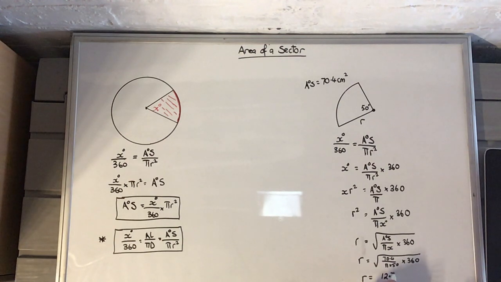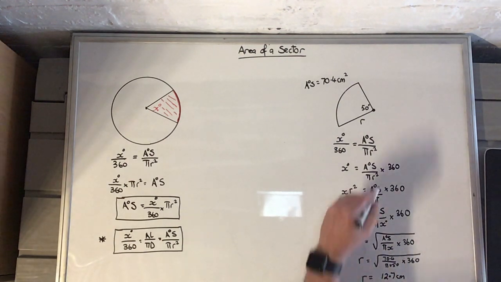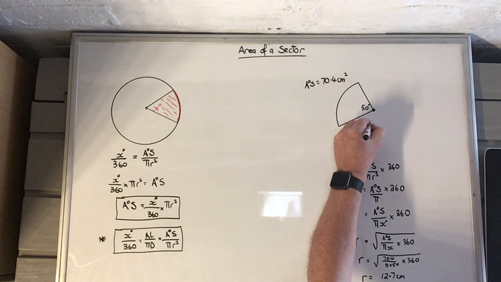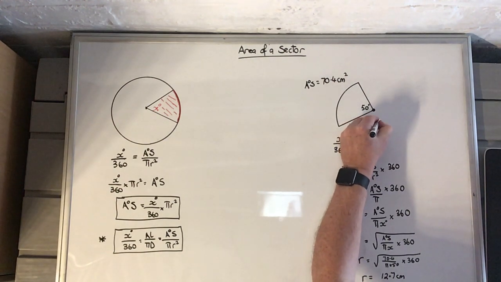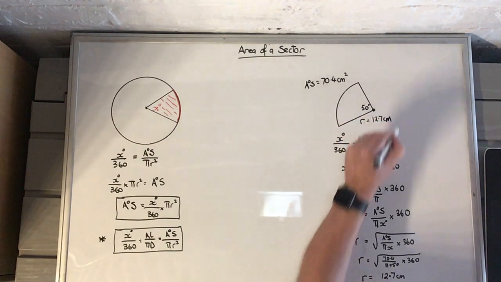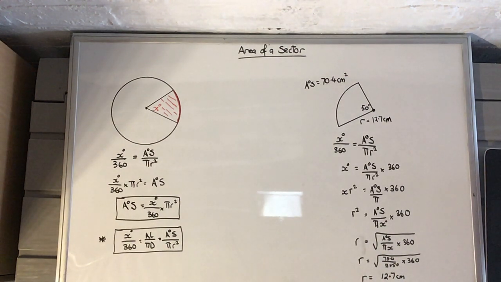So the radius of that sector is equal to 12.7 centimetres. Okay. Definitely the hardest question I think you could get, because of quite a bit of manipulation in that. But practice them, they come up fairly regular. If you're lucky you get a nice easy one in the exam, but at some point they've got to put a more difficult question in, and they might choose the circle to do that.